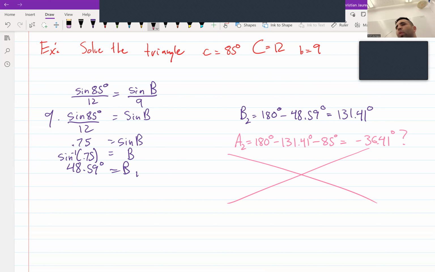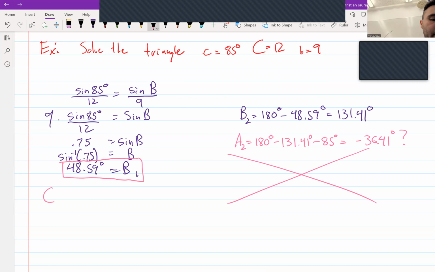So this is the situation where I had the perfect length and it just hit on one side and didn't hit on the other side. So I just focus on this one. I have an answer there. I know big B is that.